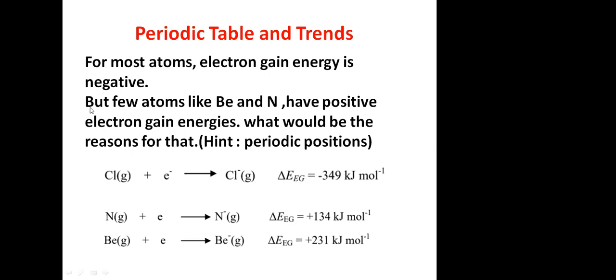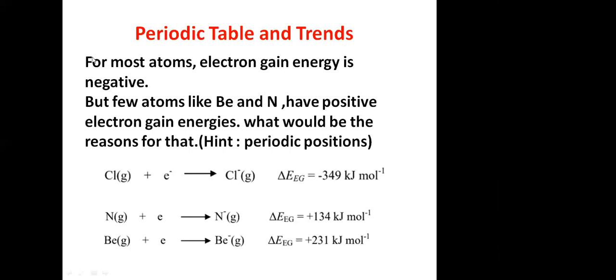That means 2p4. So the energy needed to add an electron is high. So the electron affinity value of nitrogen becomes a positive value. But when we consider an element like phosphorus, it becomes stabilized by gaining an electron. That means 3s2 3p4. So the energy needed is less.